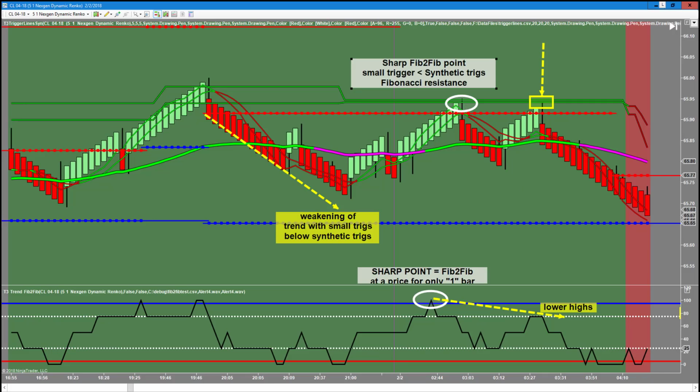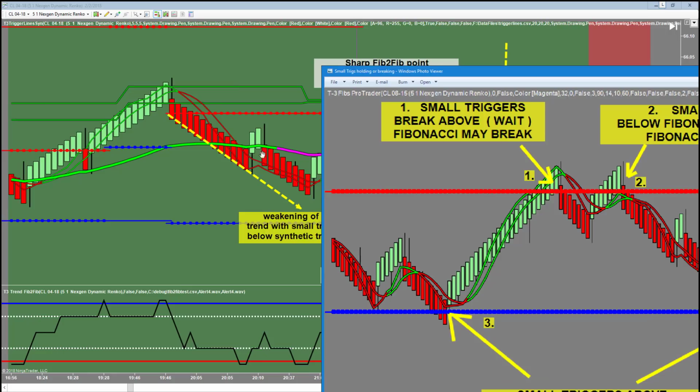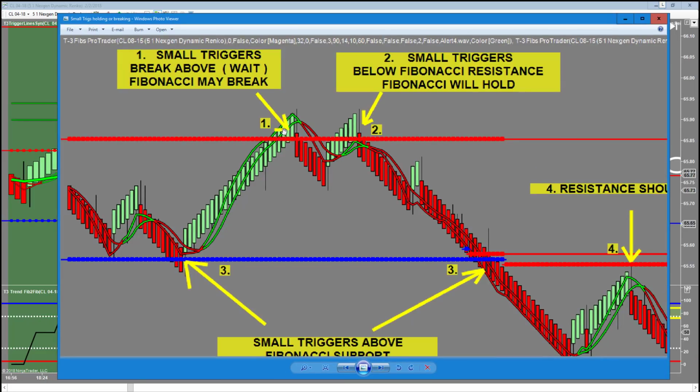Now, again, you remember the picture that we refer to quite a bit. You'll see strong triggers breaking, or strong triggers into resistance. And then after the triggers get back down below, the resistance works.